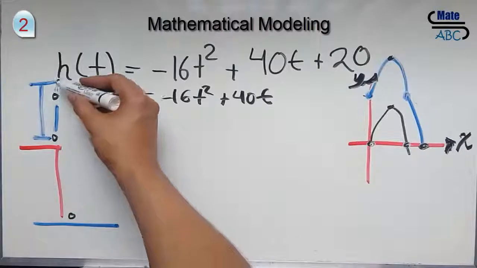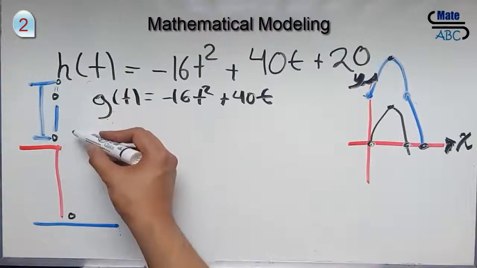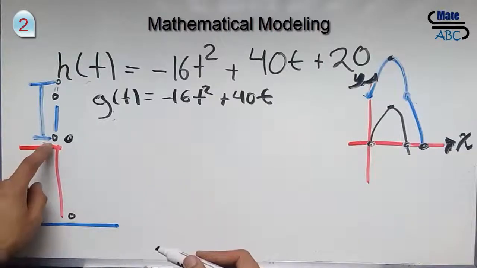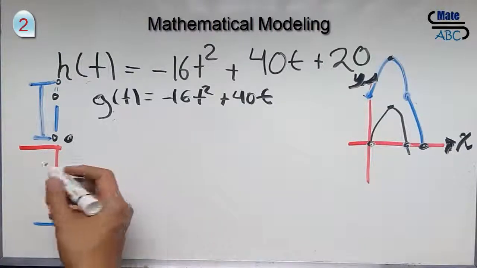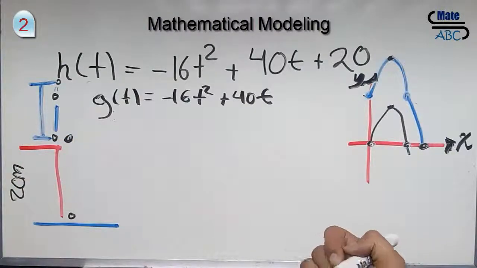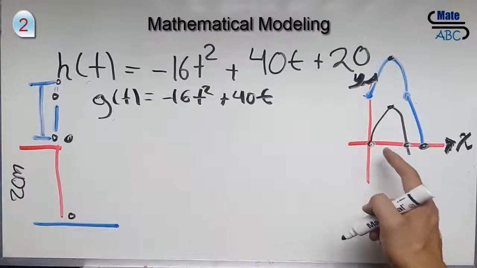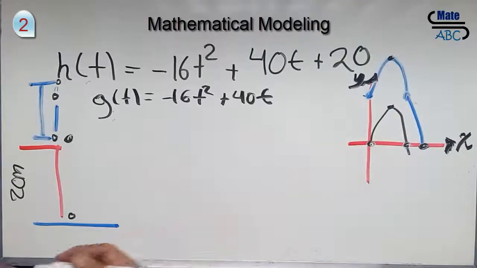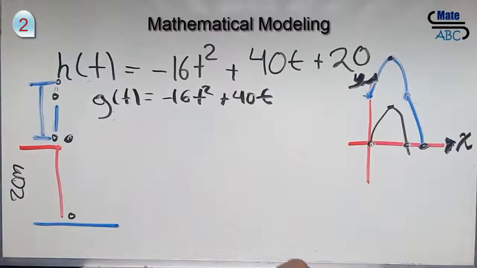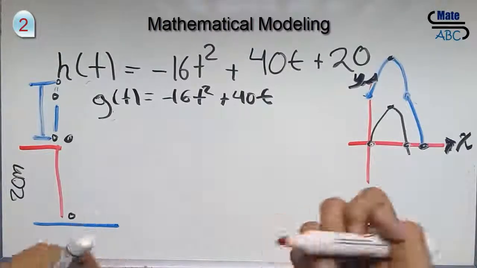When it reaches its peak and when it reaches again the same height of 20, because this building is 20 meters. In order to solve this, we need to find the time, and we need to divide it by 2, because as you can see it's symmetrical.